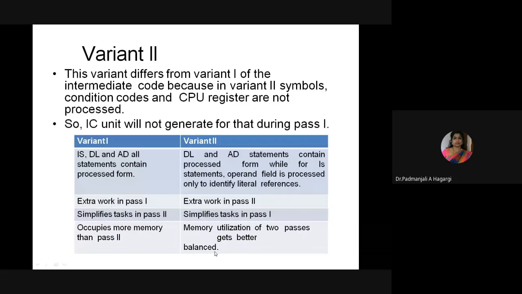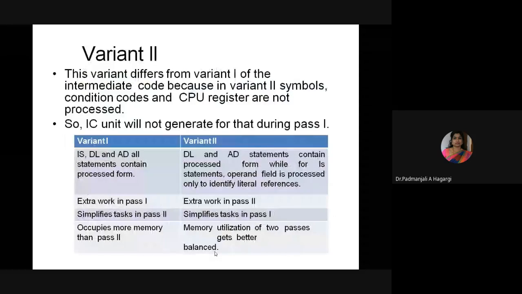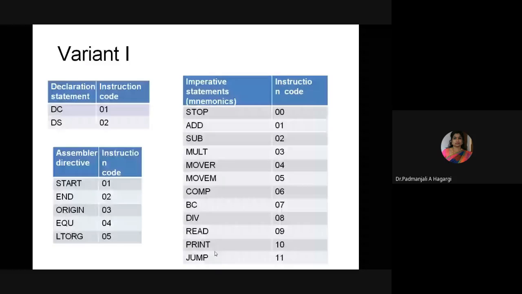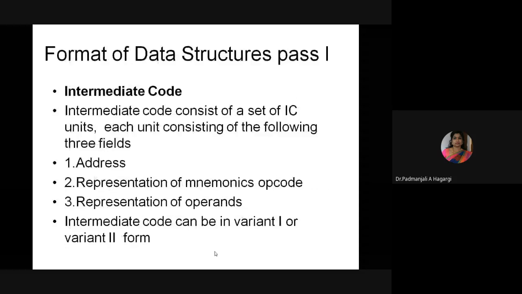So everything is going in a reverse way in variant 1 and variant 2. Variant 1 deals with the codes of all the condition codes and registers, and variant 2 is all about the different databases.